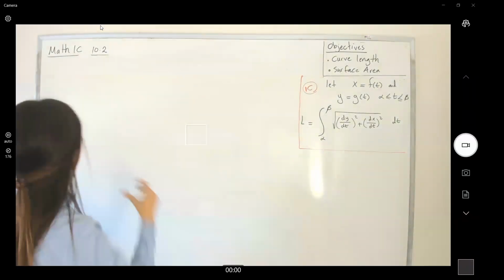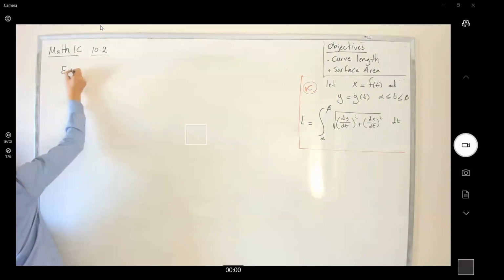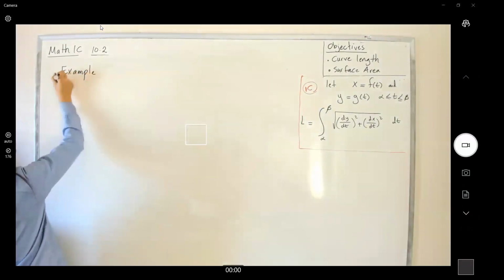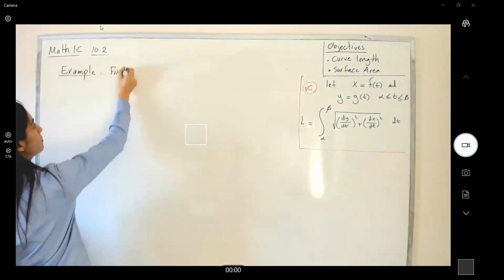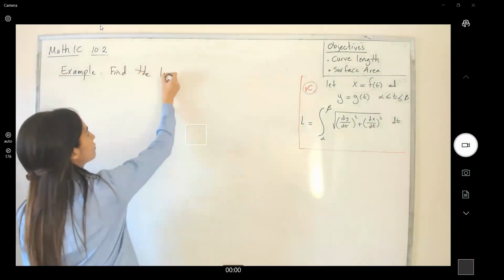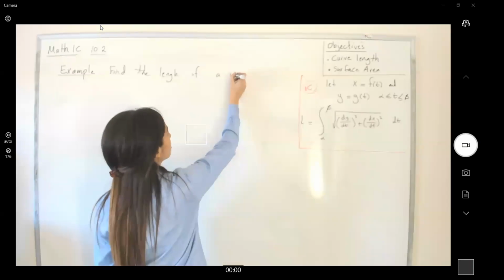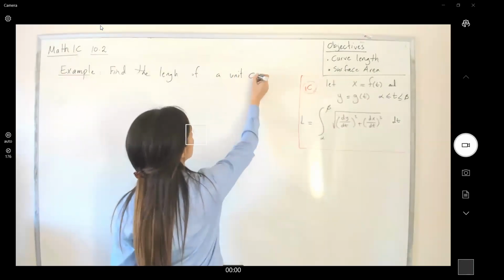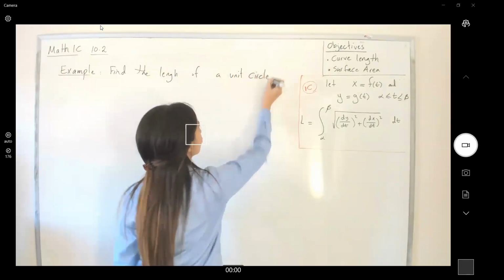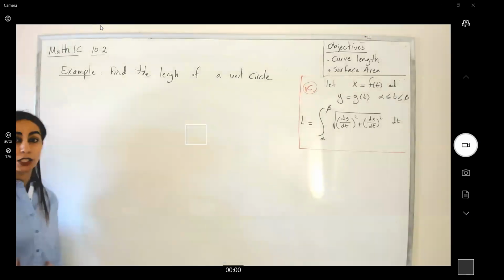This example says, hey, find the length of a unit circle. Well, okay, a unit circle.